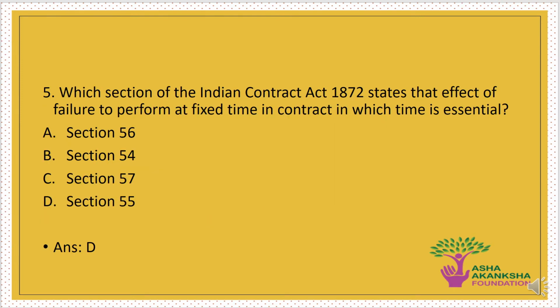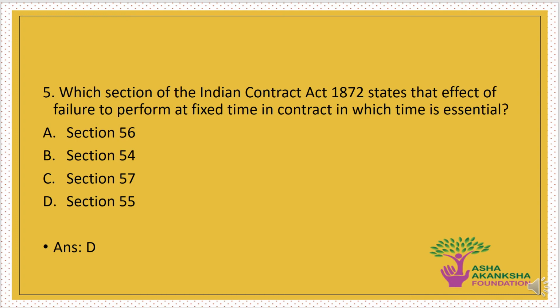The next question is, which section of the Indian Contract Act 1872 states the effect of the failure to perform a contract at a fixed time in which time is essential? The options are A, Section 56 of the Indian Contract Act, B, Section 54 of the Indian Contract Act, C, Section 57 of the Indian Contract Act, or D, Section 55 of the Indian Contract Act.